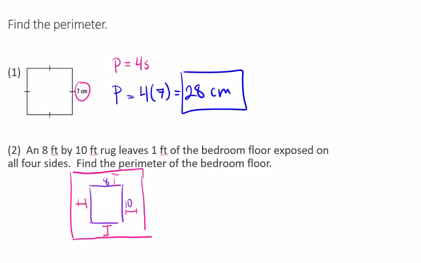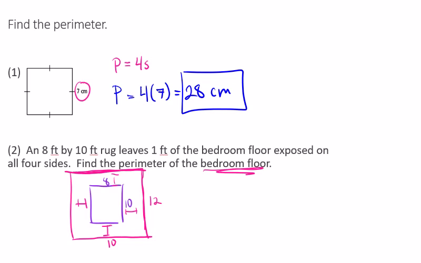So I'm trying to find the whole bedroom floor, right? The perimeter of the bedroom floor. So basically, this is 8, but then I added a foot on either side, so it's actually 10 is the base, and the height is 10 plus 1 on either side, so that's going to be 12.